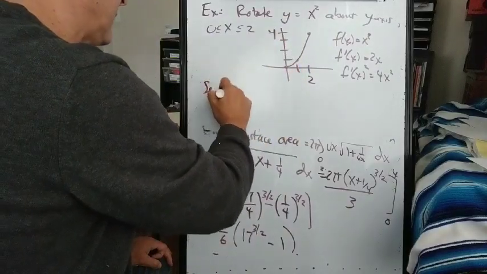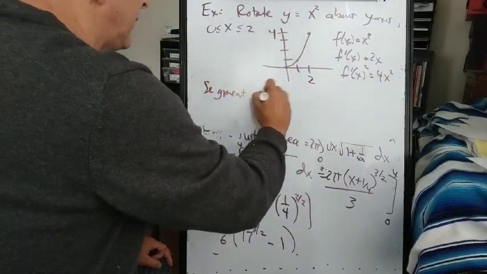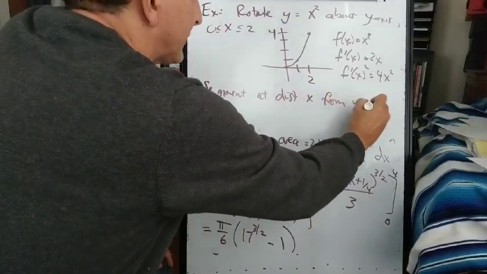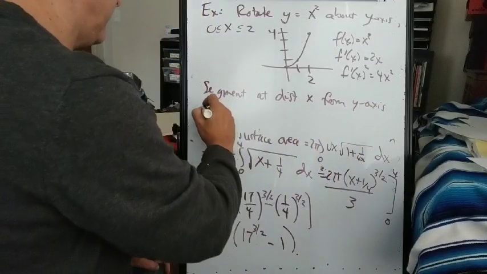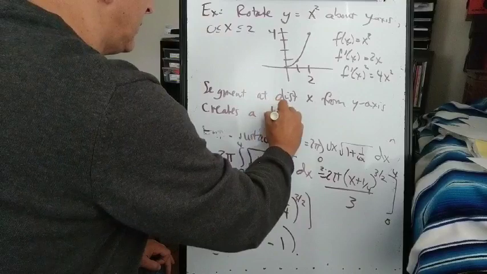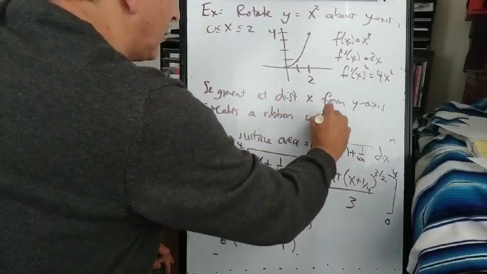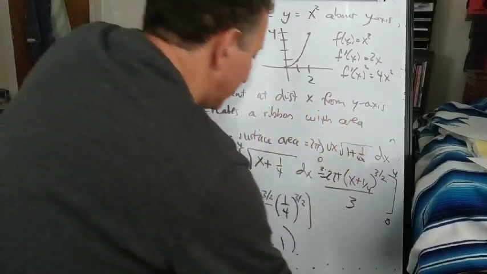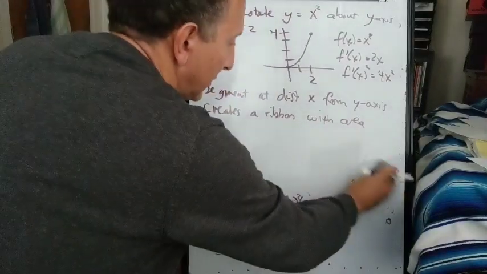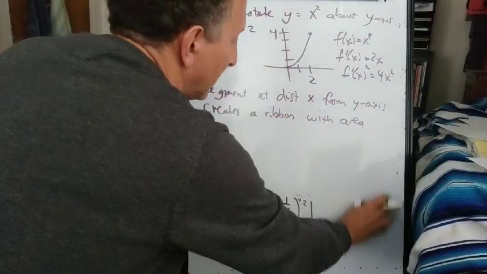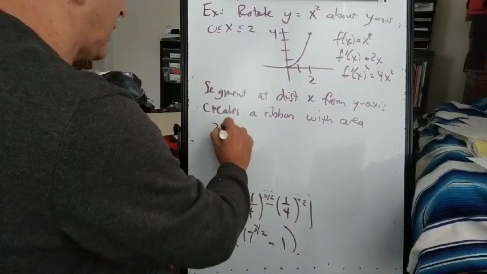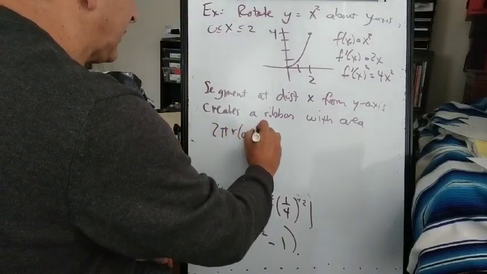Now the segment at distance x from the y-axis creates a ribbon with area 2 pi r times arc length.